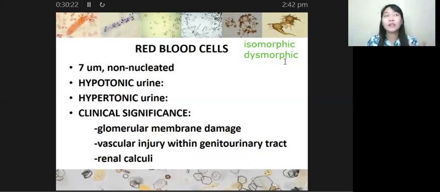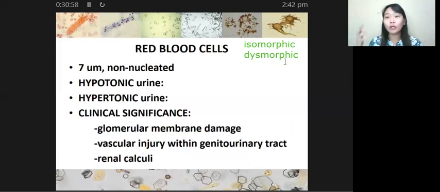Okay? Nakuha? So, yung term na dysmorphic, isomorphic, these two terms are utilized to distinguish the origin of your red blood cells. In particular, ang dysmorphic na RBCs ay ginagamit for those who are of glomerular origin.